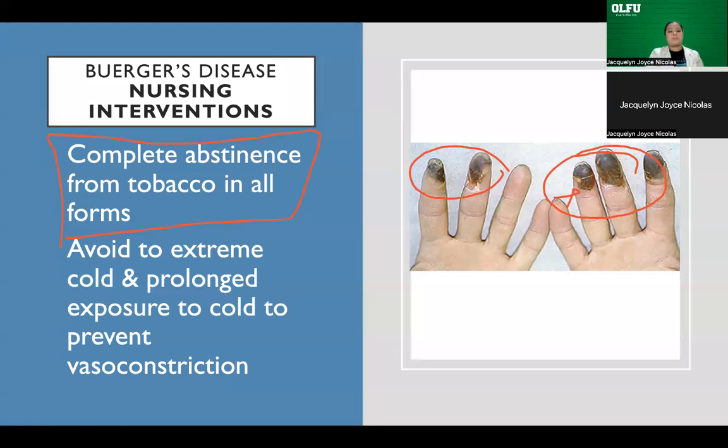Pinuputol na. Another is avoid extreme exposure to cold. Sabi nga natin, cold promotes vasoconstriction. So kapag lagi ka naka-expose sa cold, so again, the blood flow will be quite difficult. Okay, so kaya we avoid prolonged exposure to cold to also avoid vasoconstriction.